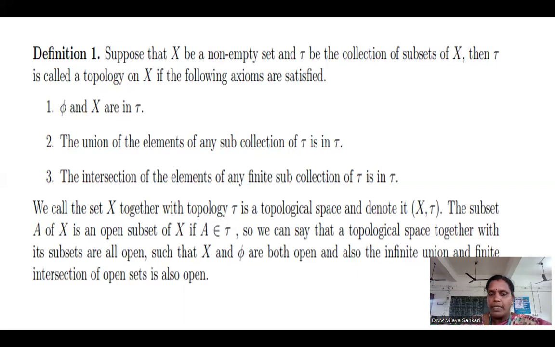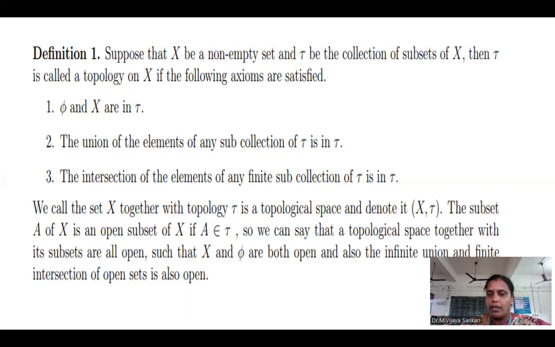We call the set capital X together with tau a topological space, denoted by (X, tau). The subset capital A of capital X is an open set of capital X if capital A belongs to tau. Capital X is the whole set, capital A is the subset, capital A belongs to tau.